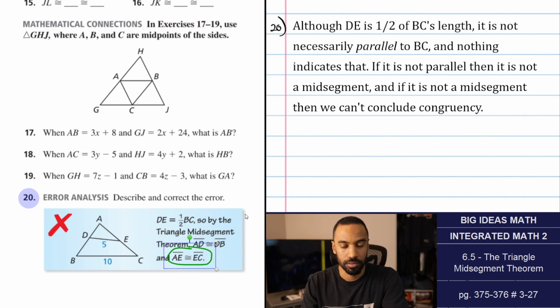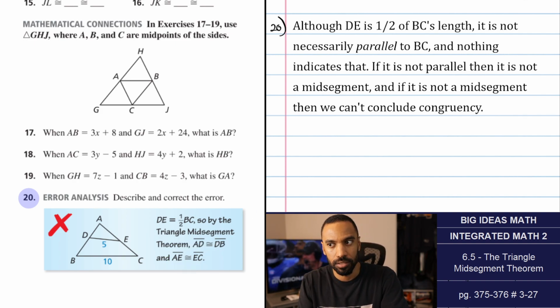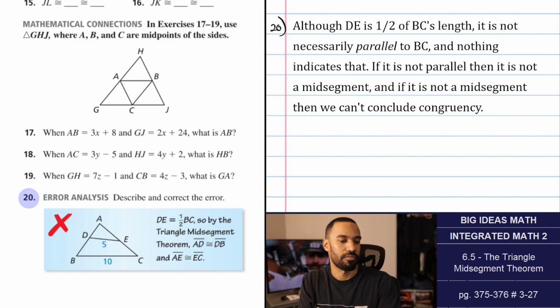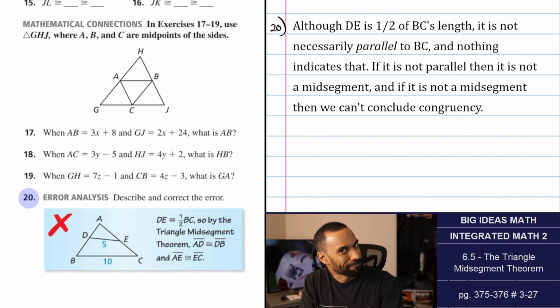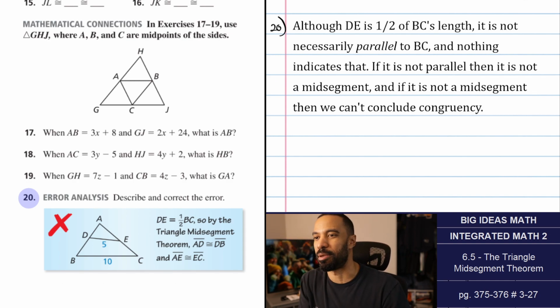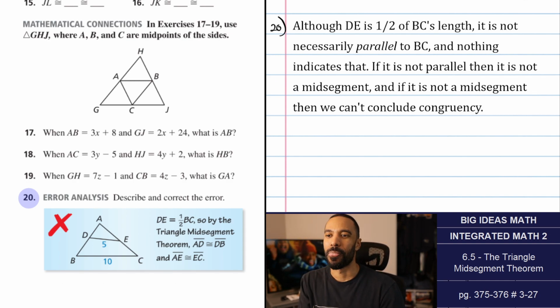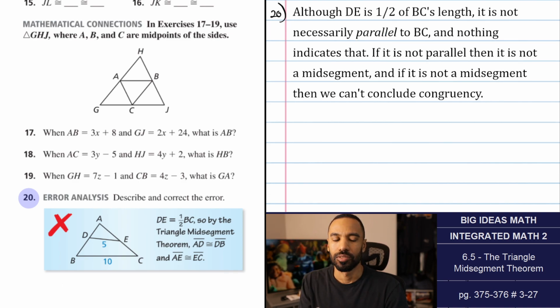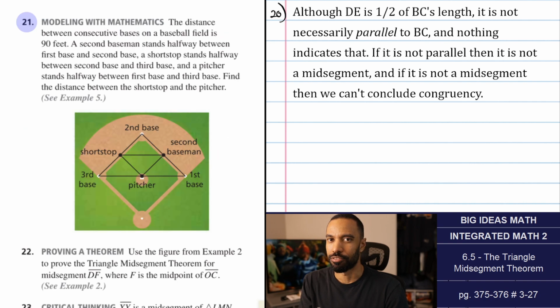That's possible. Wait. Maybe not. I take it back. Maybe not because of this length being half. I'm going to actually say maybe not in that case. But they're only congruent together if those are parallel.